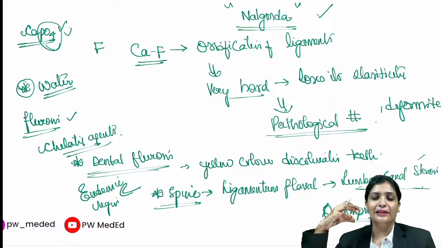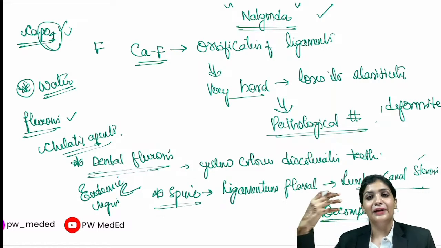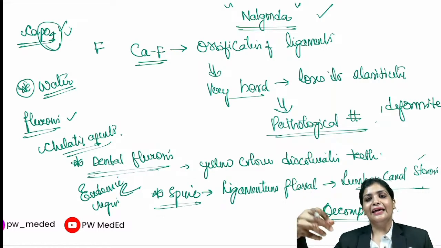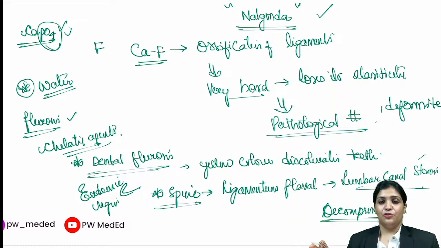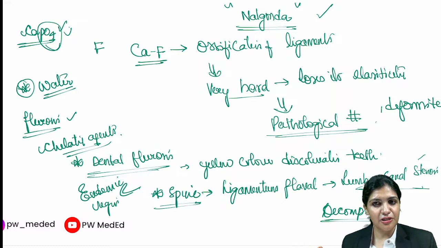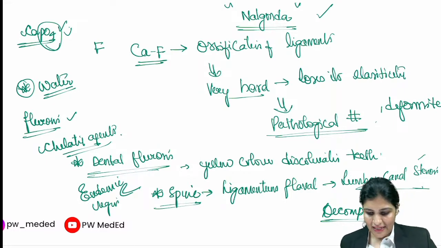From the orthopedic side, you increase the calcium supplementation and vitamin D supplementation. If the patient is suffering from established fluorotic conditions like lumbar canal stenosis, you go for decompression, and sometimes you may treat with chelating agents too. Fine, so that is the answer for this.